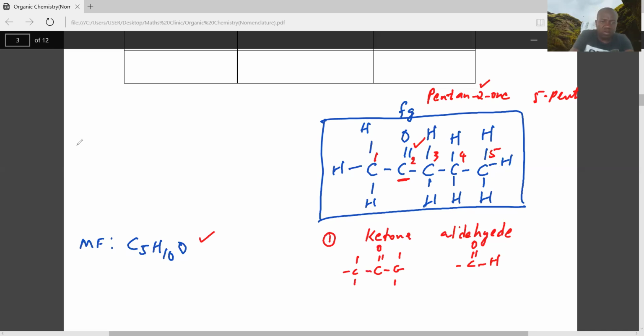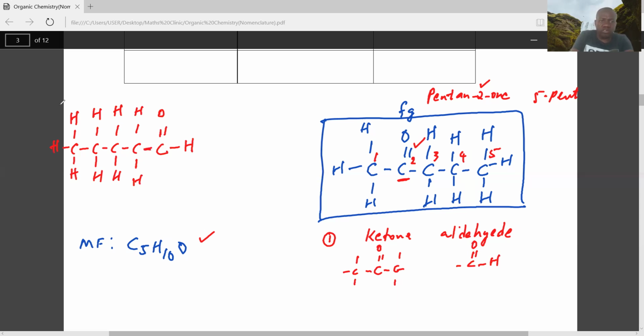So we say 1, 2, 3, 4, 5, and we put the carbonyl here with the hydrogen. So it's 1, 2, 3, 4, 5, 6, 7, 8, 9, and 10.